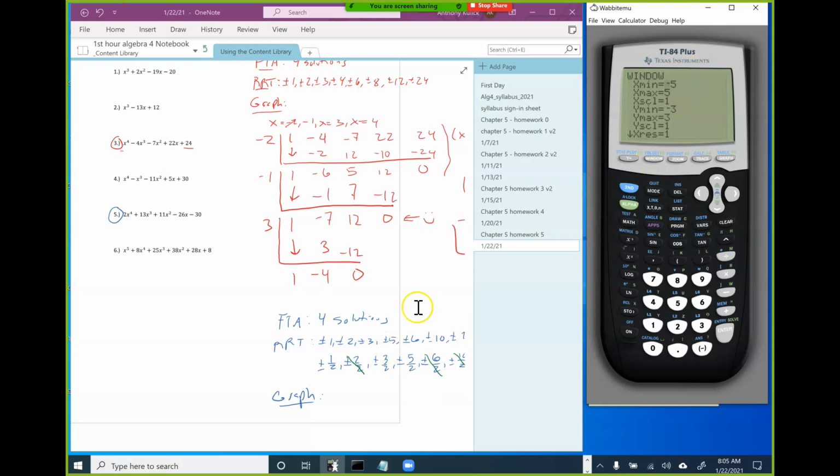Again, if I look at my list here of my RRT list, the smallest number is negative 30 and the biggest number is positive 30, so that'll be my x min and my x max. Then let's go ahead and hit graph. And so there's all of my action happening right around there.